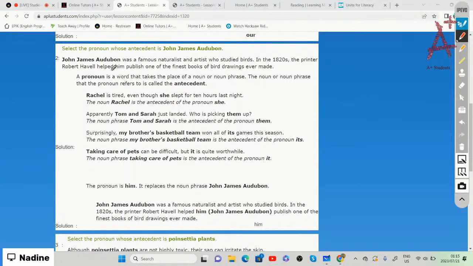The word him, because Robert Havell helped John James Audubon, which means that he then just said him. The pronoun him replaces the noun phrase, which is John James Audubon.